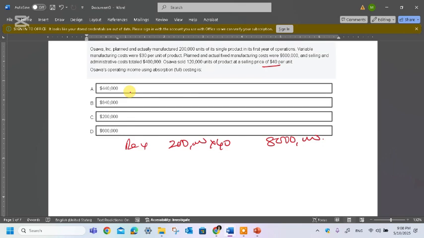Then variable manufacturing cost 30. Fixed manufacturing cost planned 600. So what would be the fixed manufacturing overhead per unit? 600 divided by 200 is 3.